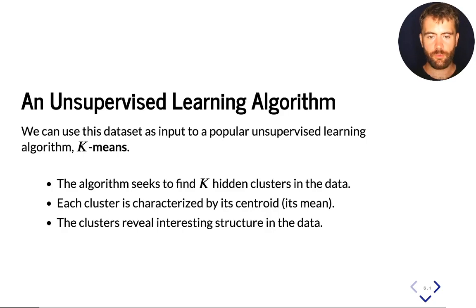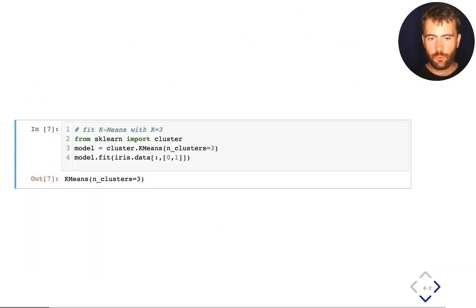Let's look at an example. So first here, I'm going to load the k-means algorithm. This is the first time that we're running an unsupervised learning algorithm, but you can see that the structure here is really similar. We import the algorithm from scikit-learn, we instantiate it, and we're going to set the parameter k to 3. We're going to ask it to find 3 clusters in the data.